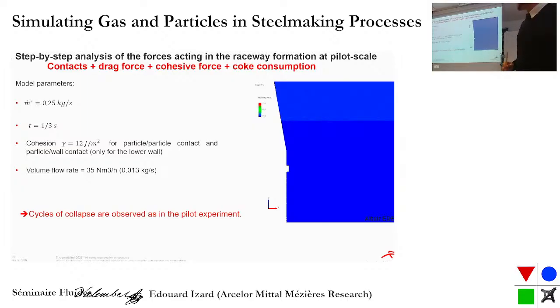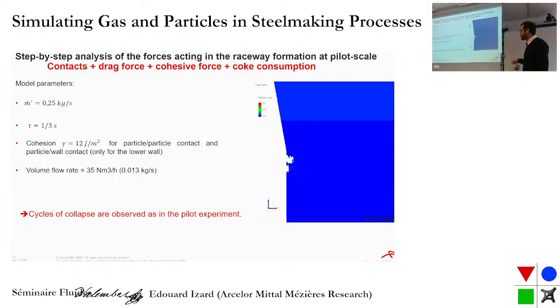Now, the positive point with that is that we can play with the combustion, and we can also accelerate it a lot in the simulation with this model. And here we include all these parameters: contact, drag force, cohesive force, and coke consumption. And here what you can see is that we have a build up of a cavity, and at some point we have a collapse.